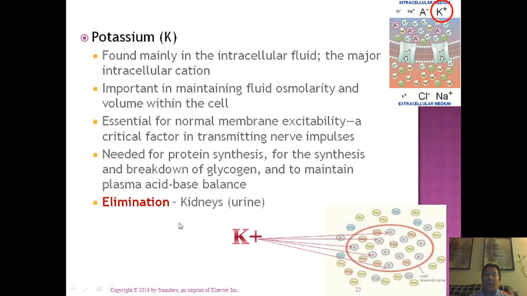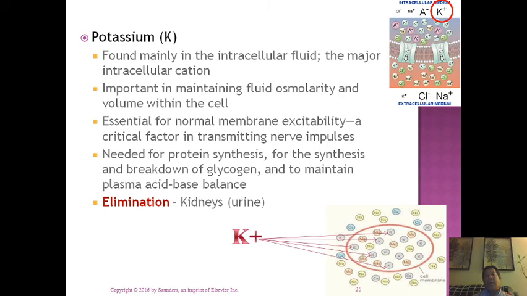The only way to eliminate potassium from our body is through the kidneys, the genitourinary system. So the kidneys are capable of eliminating excess potassium from the body through the urine.